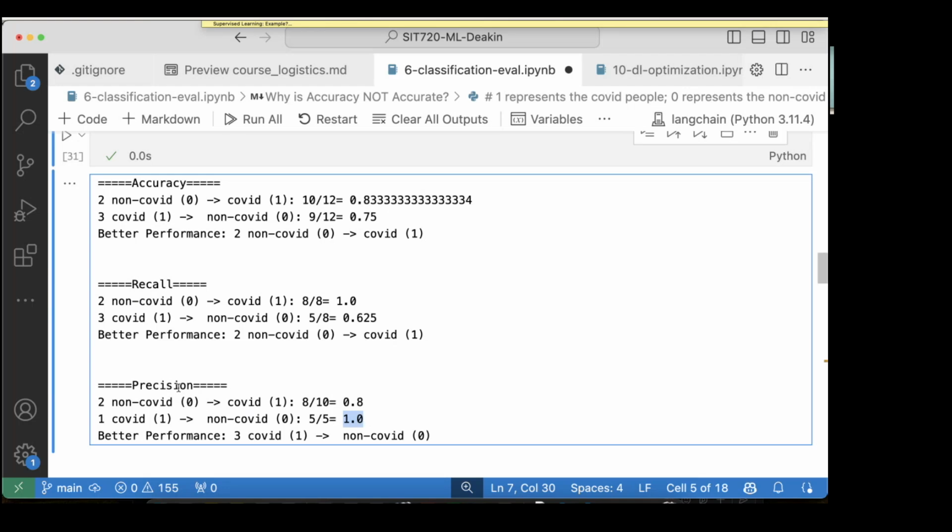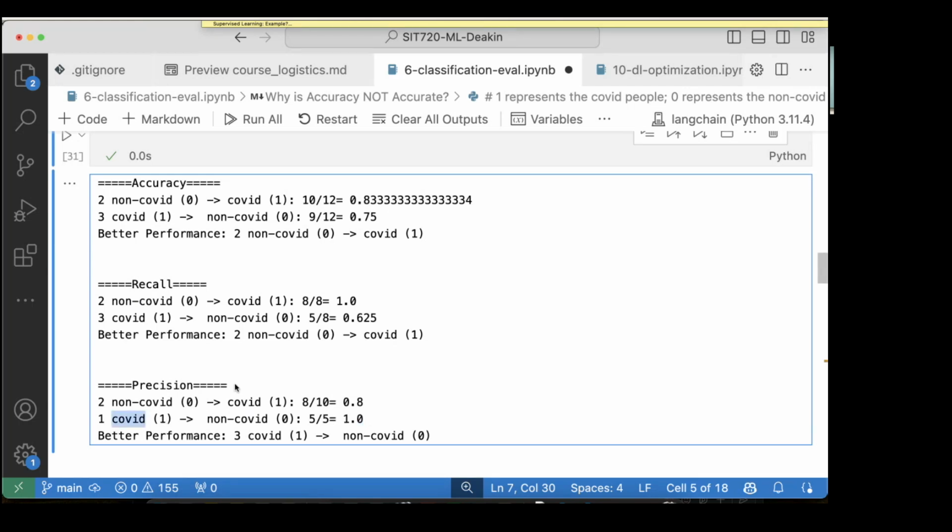What the precision will care about is the positive examples. Remember what a positive example is? Positive examples are those examples the model predicted as the target label, right? Here, what's the target label?